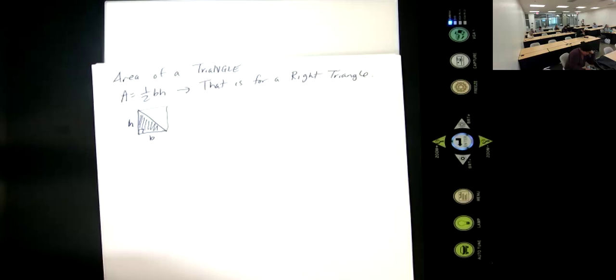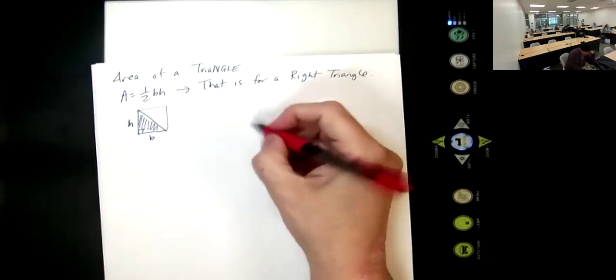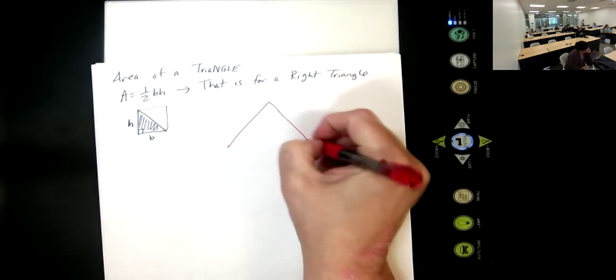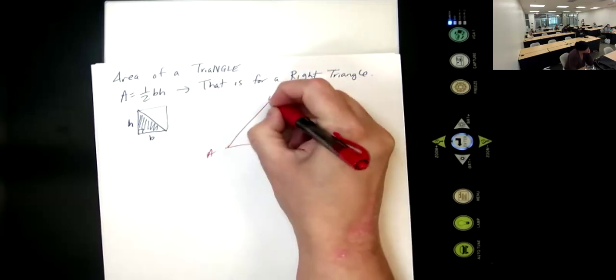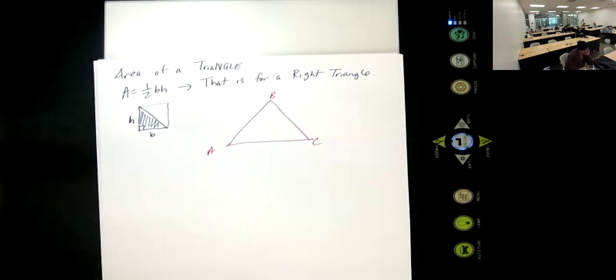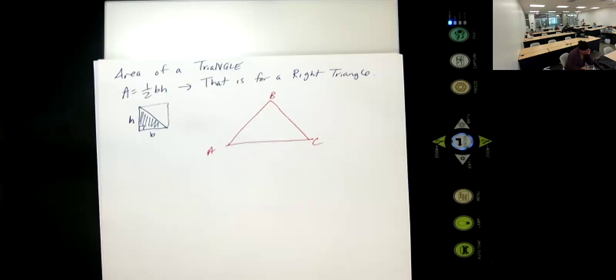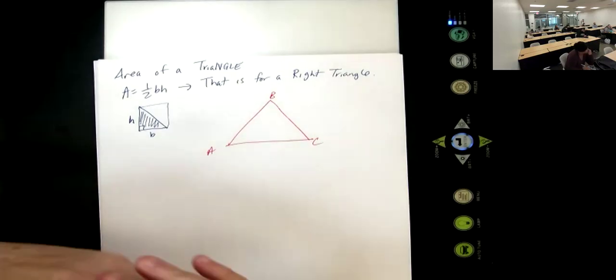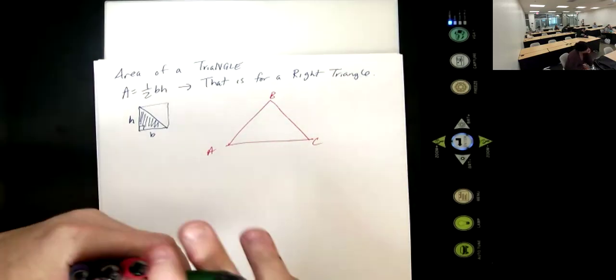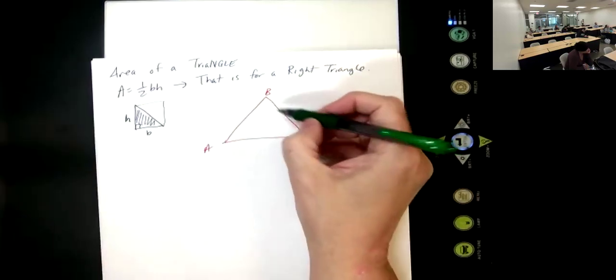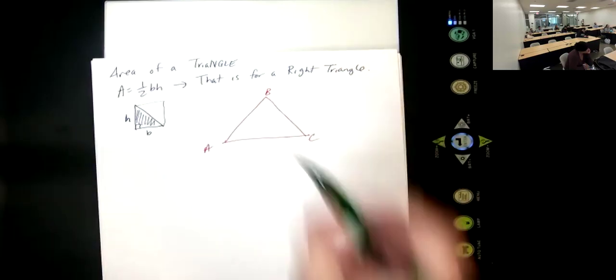What happens if it's not an acute triangle? So let's say we have angle ABC. Well, this should still be 1/2 base times height, but finding the height isn't trivial. Theoretically, if we rearrange the parts of this, we will have half of the triangle.